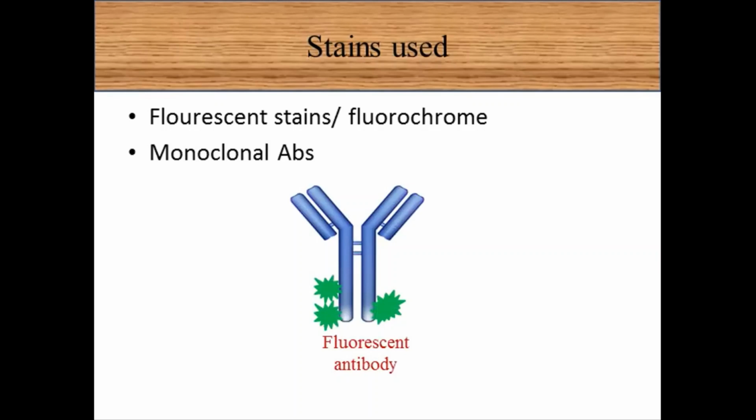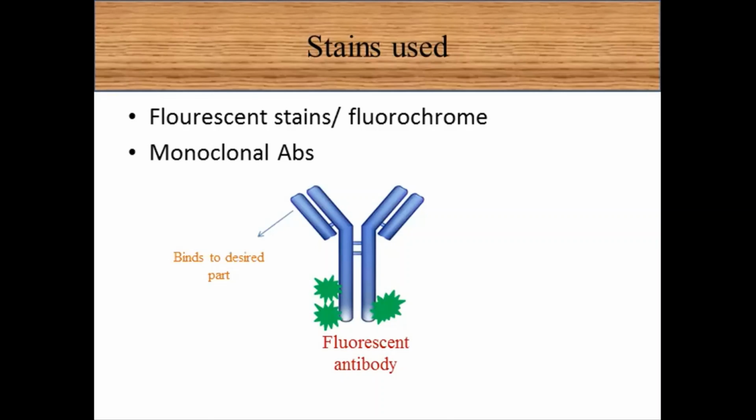These connect to monoclonal antibodies, so we call it a fluorescent antibody. Fluorochrome and monoclonal antibody have two different functions. As I told you, in this technique only specific parts are stained, so these antibodies are used for a particular purpose. These antibodies specifically bind to the desired parts only.